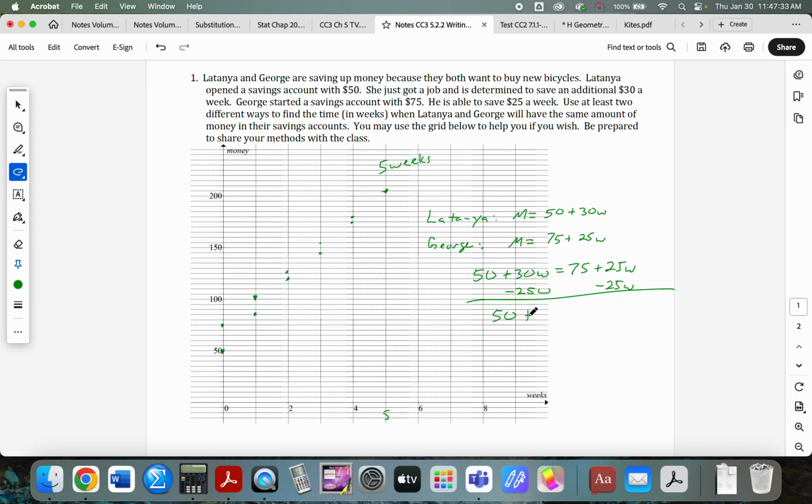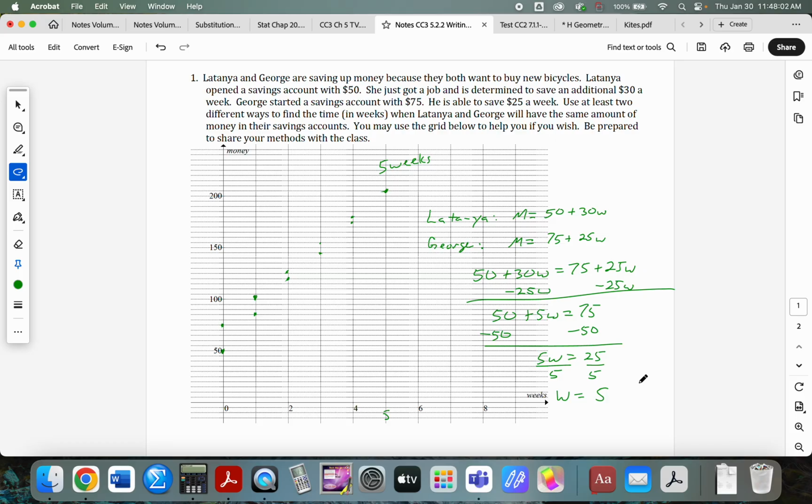And I have 50 plus 5W is equal to 75. Subtract the 50. We have 5W is 25. Then divide by 5. And we get that W is indeed 5. Great.